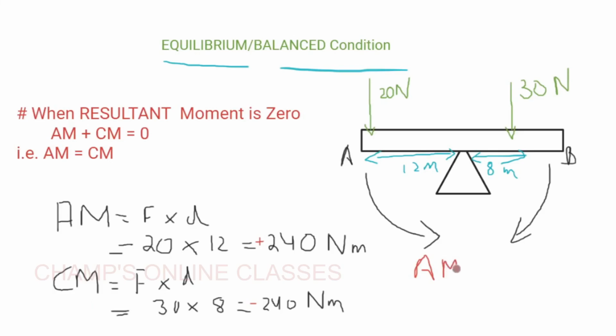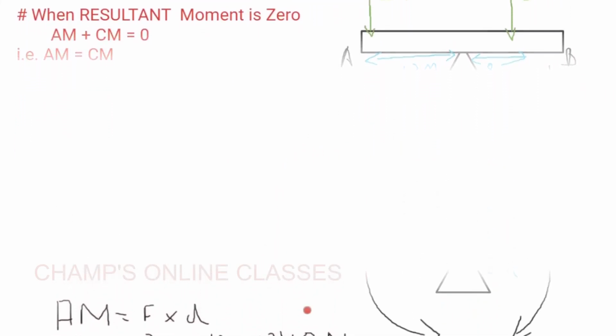It will be 0. That is plus 240 minus 240. So our beam will be in a state of equilibrium, that is, it will remain horizontal. There won't be any change. This is what equilibrium means.